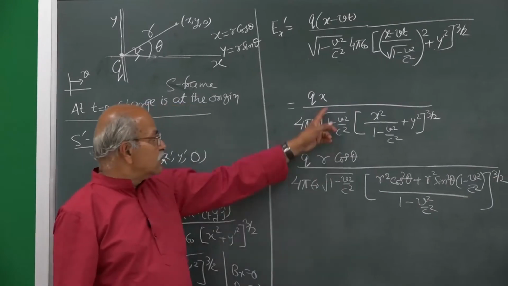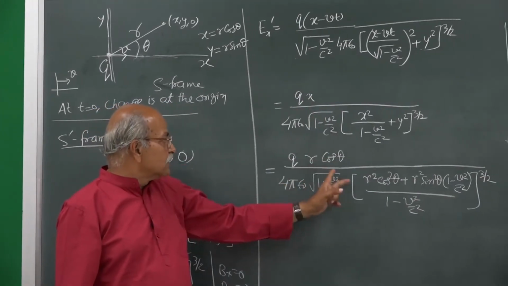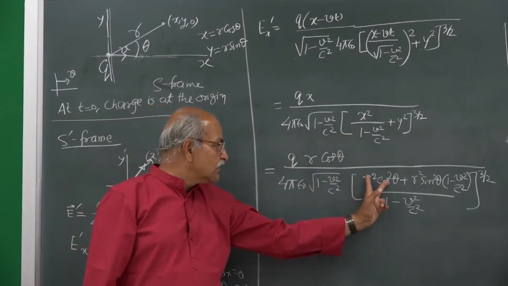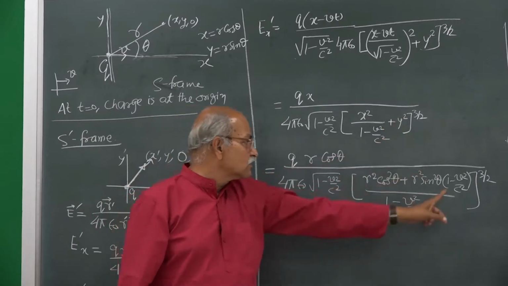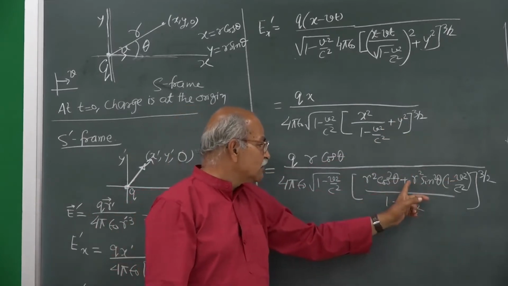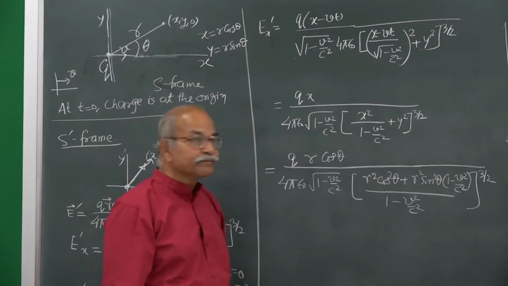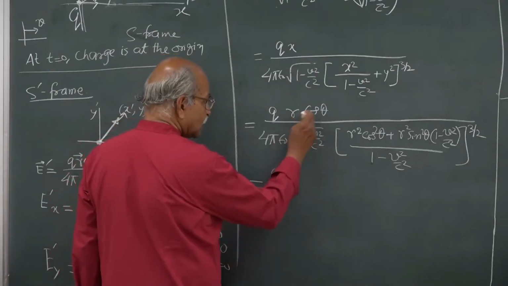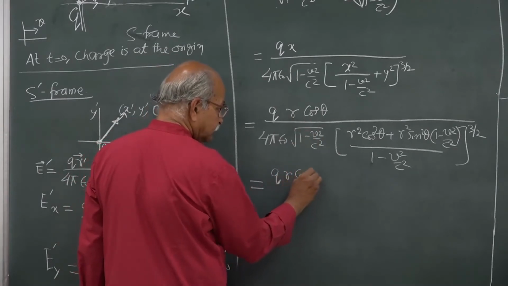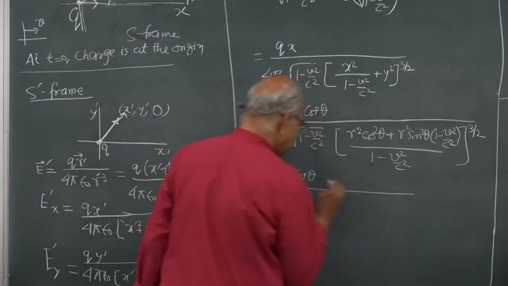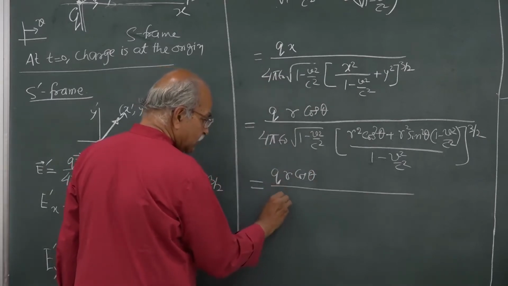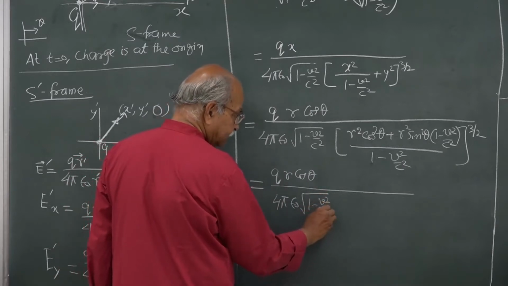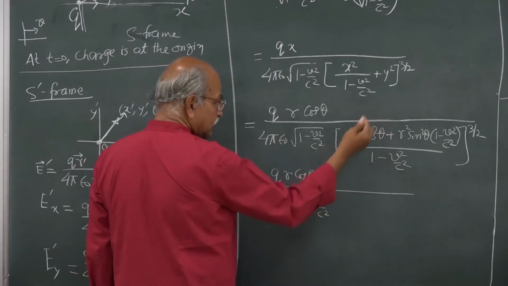Right. So, what I have done, x I have put r cos theta. So, this x also I have put r cos theta, x square divided by this. So, you have x square divided by this plus y square. So, this will cancel out and it is y square, and y square is r square sin square theta. So, this is q r cos theta divided by 4 pi epsilon naught square root 1 minus v square by c square, and this will come in the numerator.